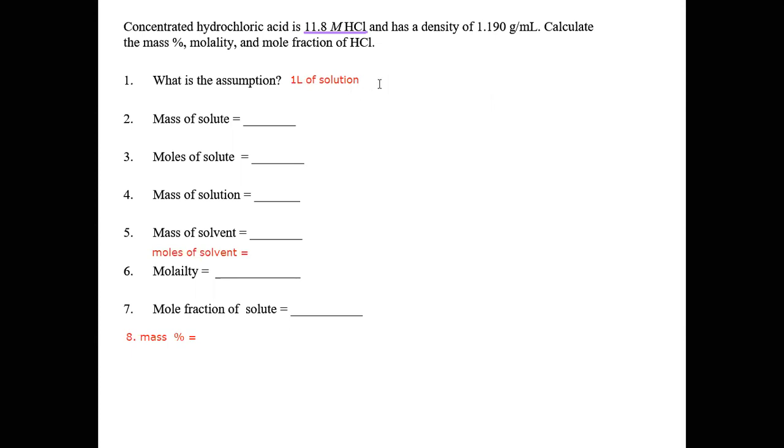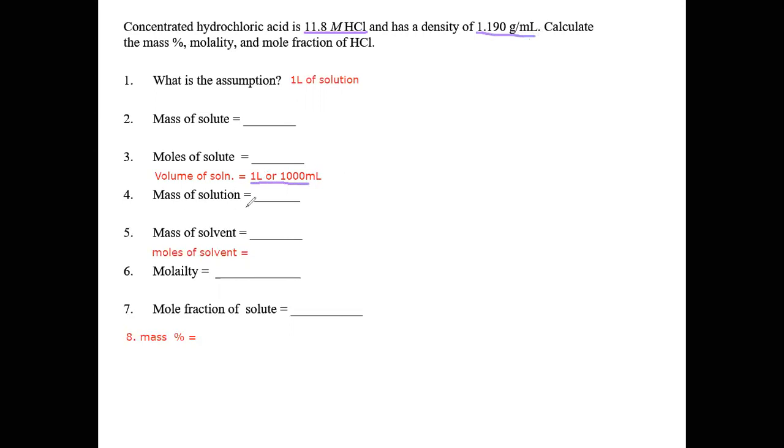So if we have 1 liter of solution, our volume of solution is 1 liter or 1,000 milliliters. So if we know the volume of solution and we know its density, we can calculate the mass of the solution.